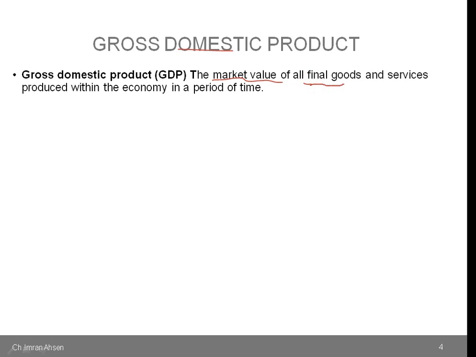Final goods and services: we do not count intermediate goods or raw material or anything raw which is not ready to use, but we study the value of those goods and services which are ready to use, either by households, businesses, governments or any sector. Produced within the economy, in our country, in a period of time, normally 1 year.